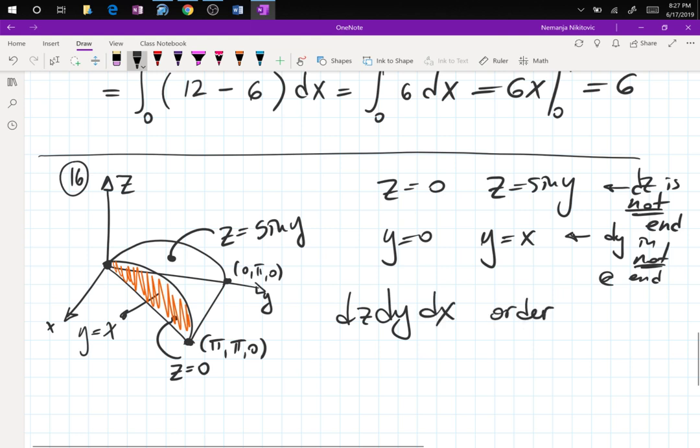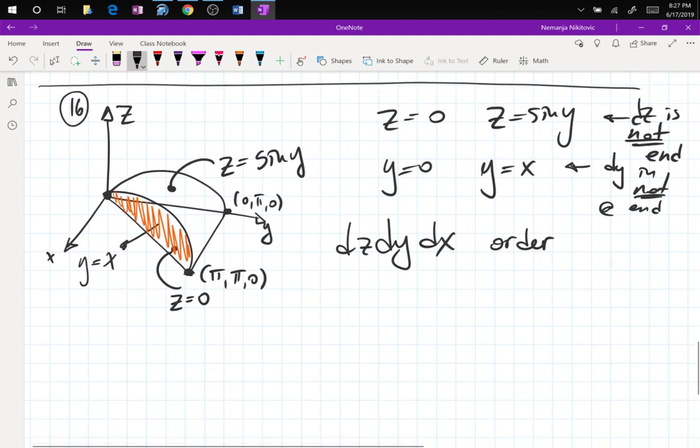Guys, you have to figure out the order first from the picture, and then you get to set this stuff up. So I eliminated z because z equals sine y, that's a function. I eliminated y because I have y equals x as a function. So now I am stuck with the dz, dy, dx order.